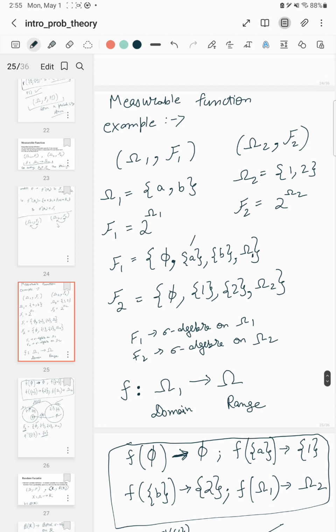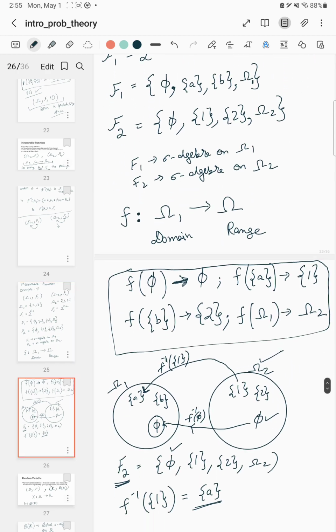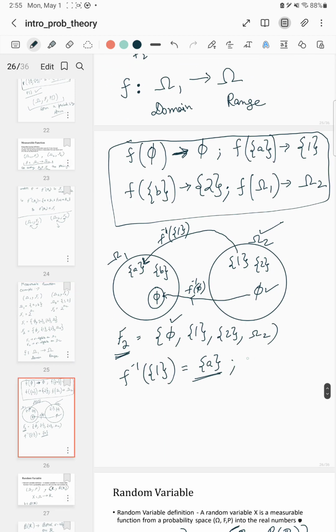Yes, we can see that this belongs to F1. This is a part of F1. Hence, since A belongs to the sigma algebra F1, we can say that the pre-image of 1 exists in the sample space omega 1, and that is present in the sigma algebra F1. Hence this satisfies the condition.